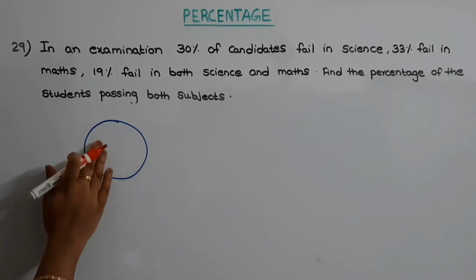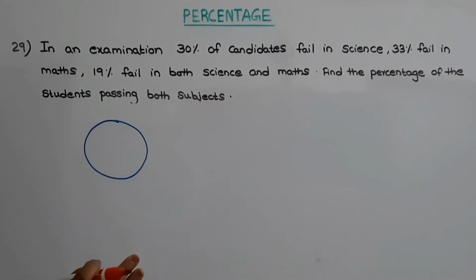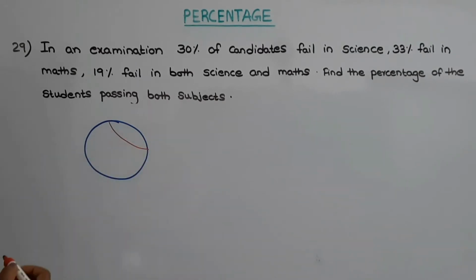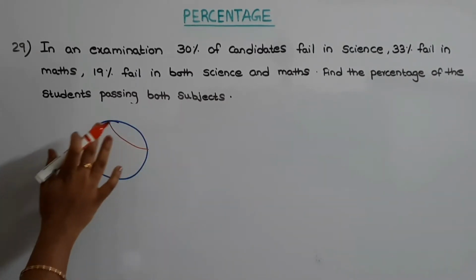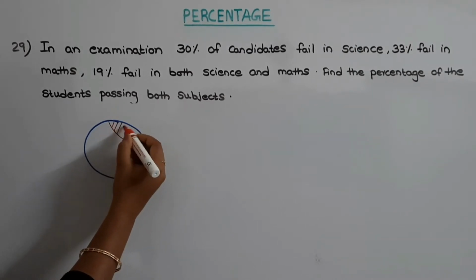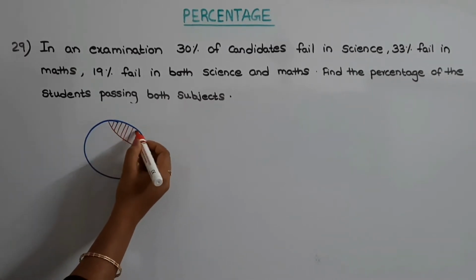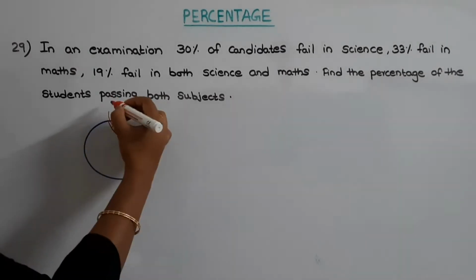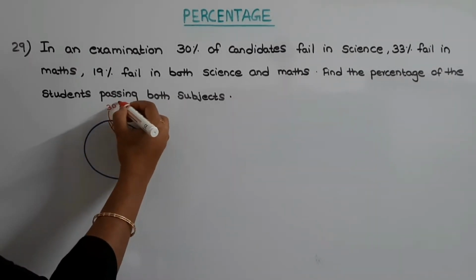If we consider this entire circle as 100, we can take this as 30% of the total number of students who appeared the exam. So this is 30%.